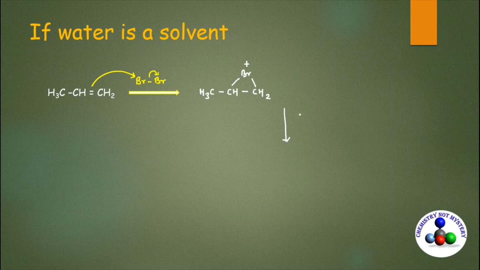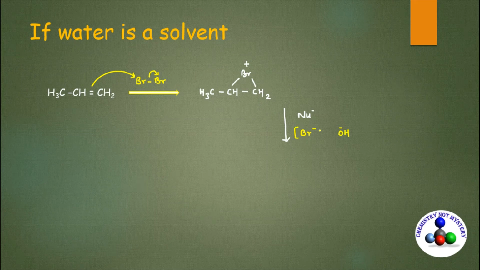Once bromonium ion is formed, the role of nucleophile starts. Water can be split as H plus and OH minus. So here there are two nucleophiles. One is Br minus and the other is OH minus.